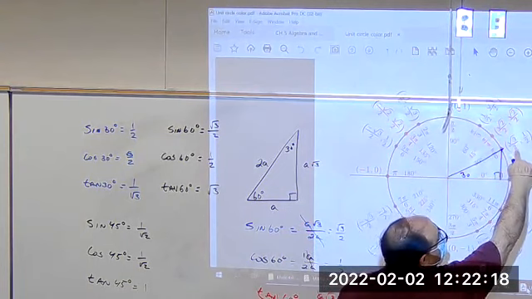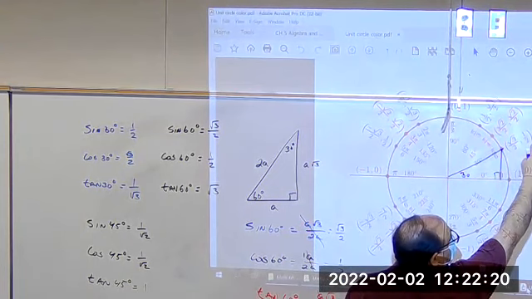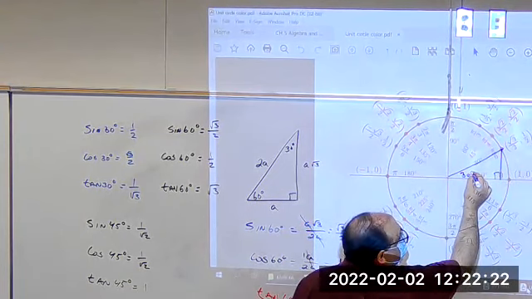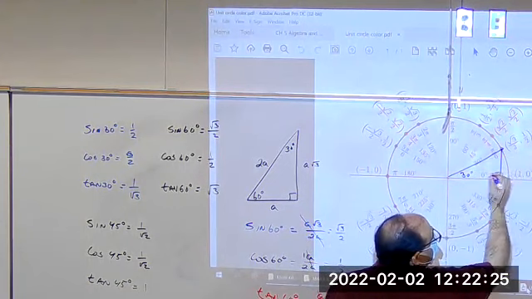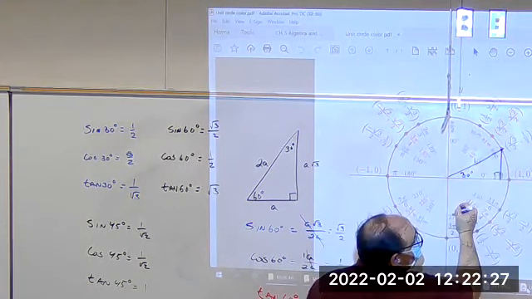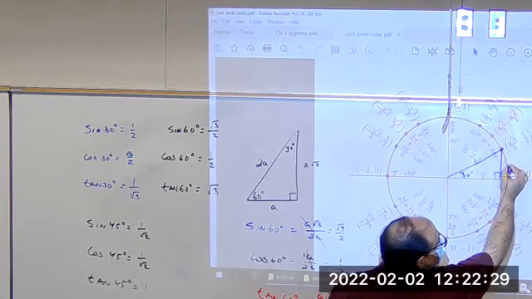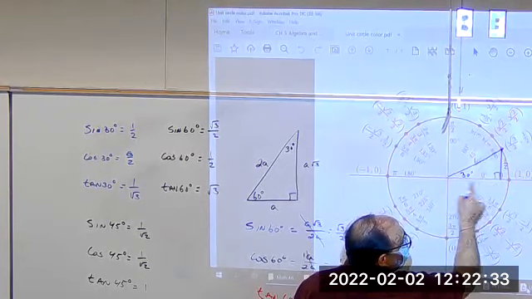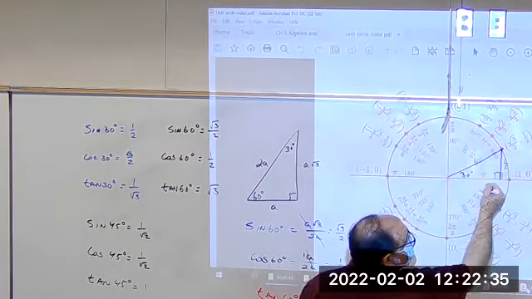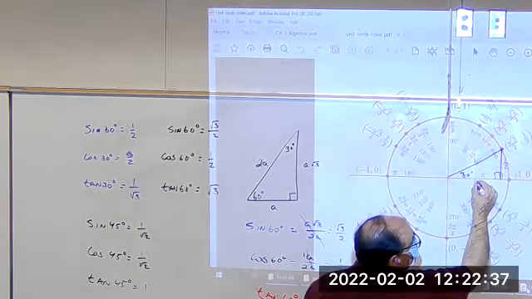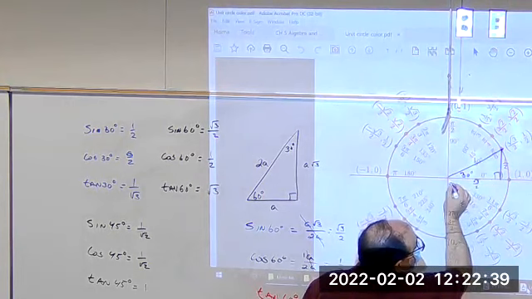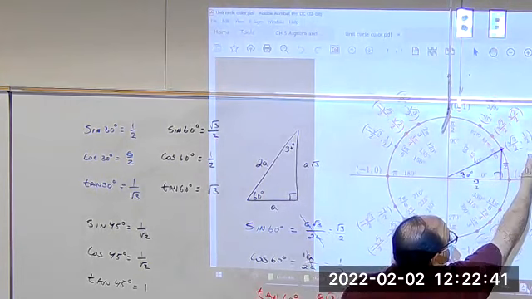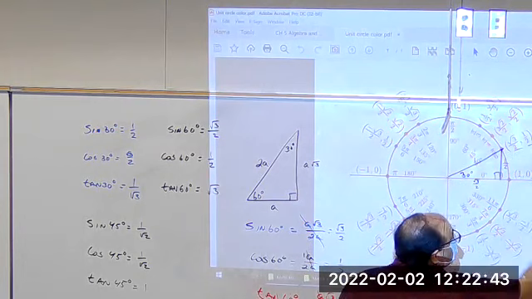That's why the ordered pair right here, this is the 30, this is the short leg. If the radius is 1, the short leg is half as big, and the long leg is square root 3 times that short leg. So square root 3 times 1/2 is square root 3 over 2. So the x coordinate, square root 3 over 2, and the y coordinate is the 1/2.